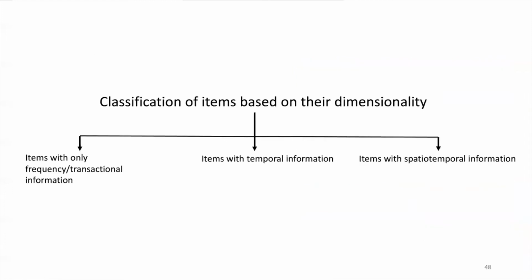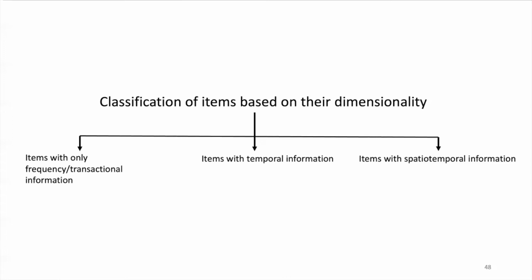Next one is we can classify the items based on their dimensionality also. One of the things is frequency. Some datasets have only the frequency information. Some items will have temporal information.